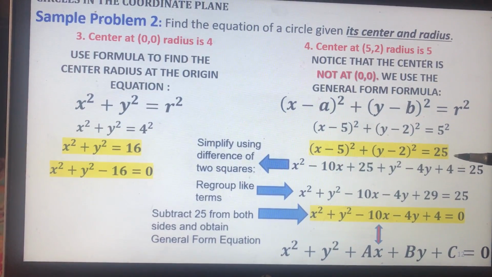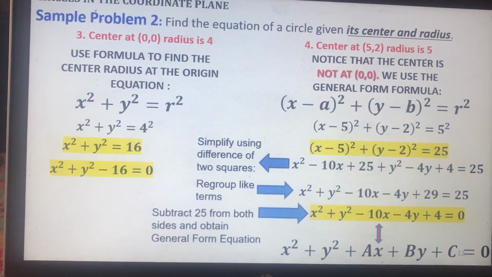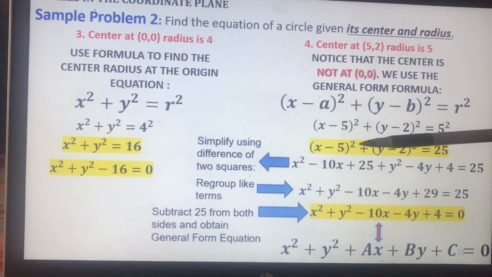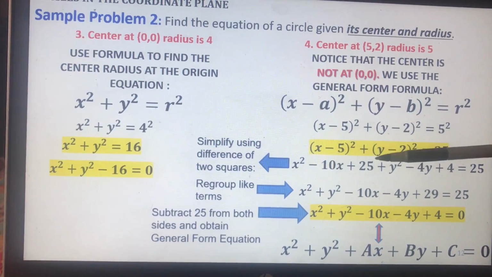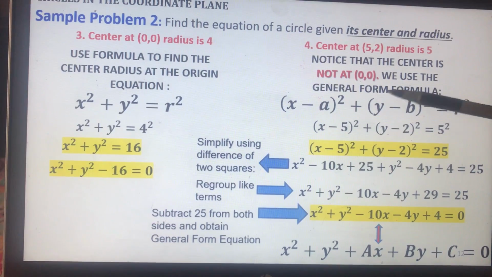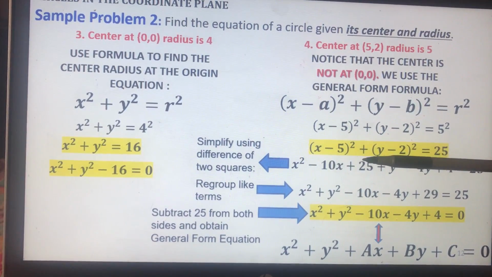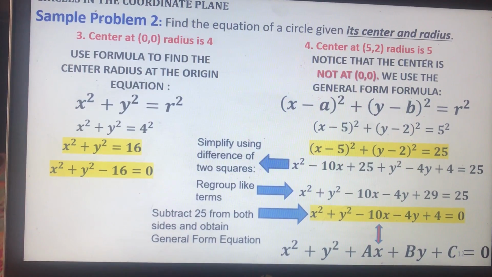But then again, they're asking us for the equation of a circle. Now we have to simplify this, expanding the squares.